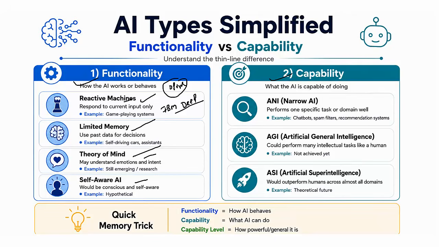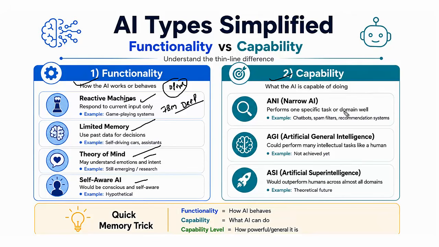So the moral of the story is how it actually functions. Functionality level tells how the AI works, and capability level tells how intelligent it is. That is part of the requirement. Now when you're talking about capability level, what can the AI do?